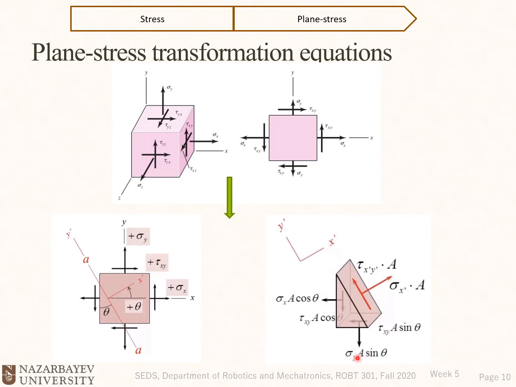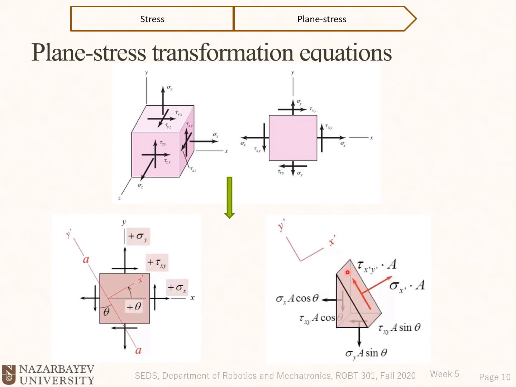So here, now we have this element. And on this element, we have sigma x acting on this side, sigma y, tau xy on these sides, and on this new side, sigma x prime and tau x prime y prime.